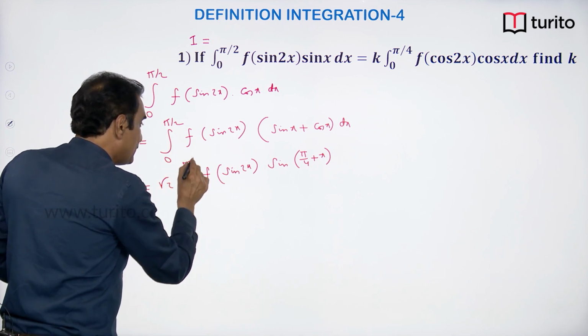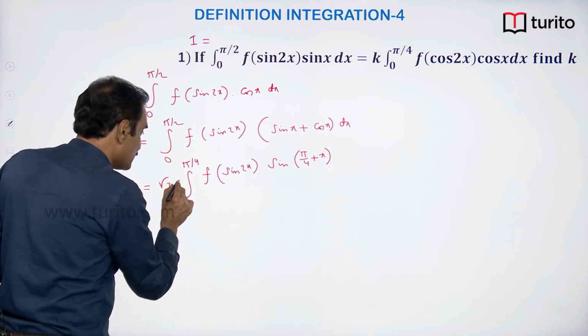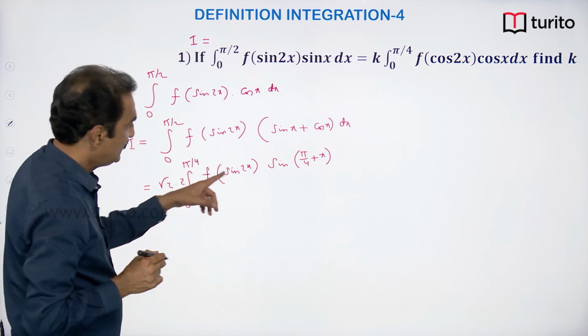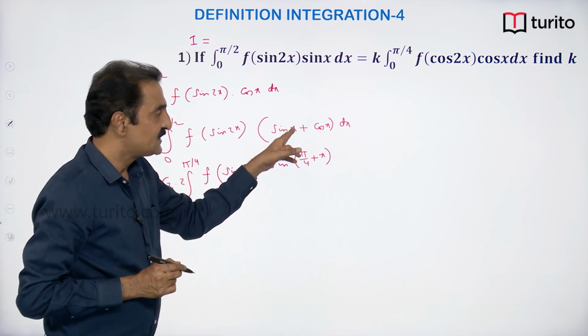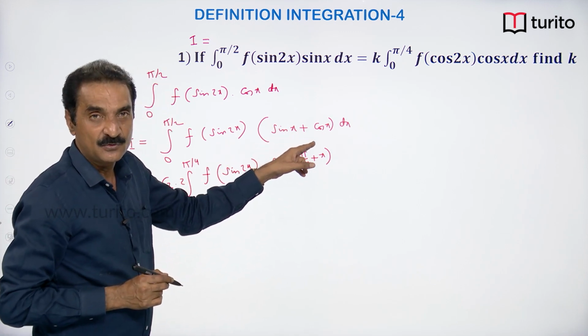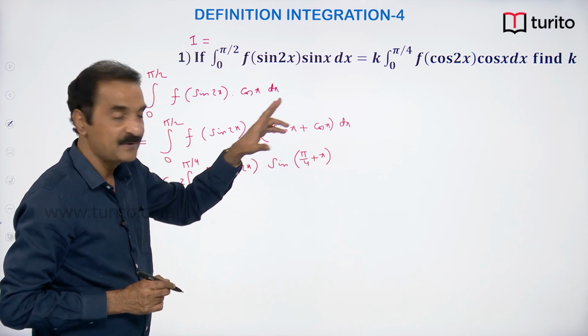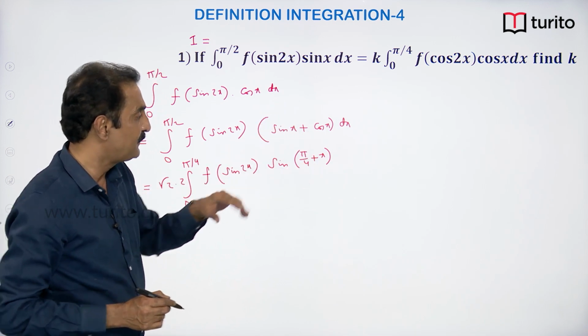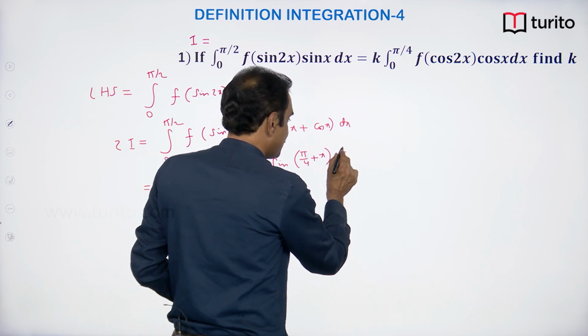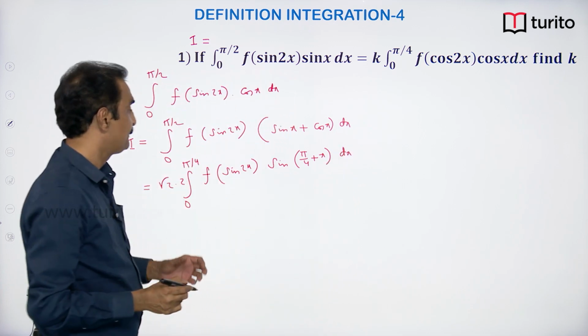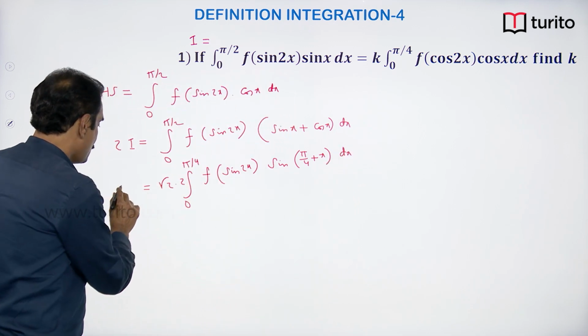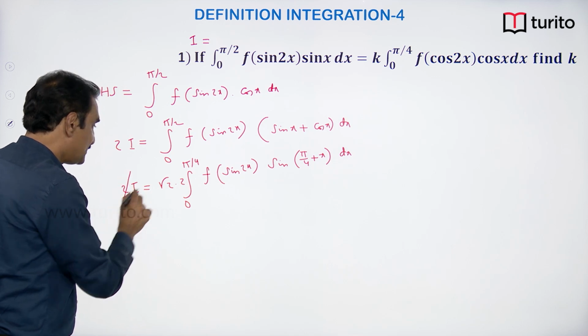We can divide the upper limit by 2, so upper limit becomes pi by 4, so into 2. Now, let us proceed. This 1 by root 2 cos x plus 1 by root 2 sin x is sin pi by 4 plus x dx. Right. Now, this is 2I, you can cancel 2.